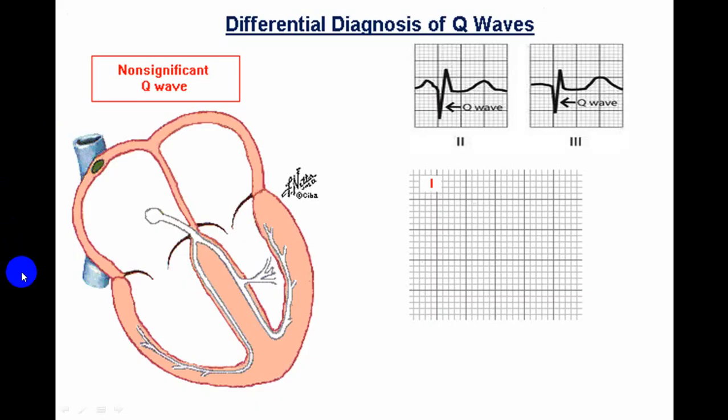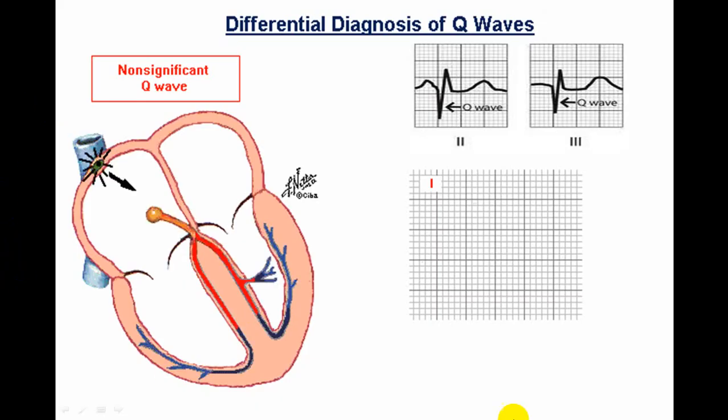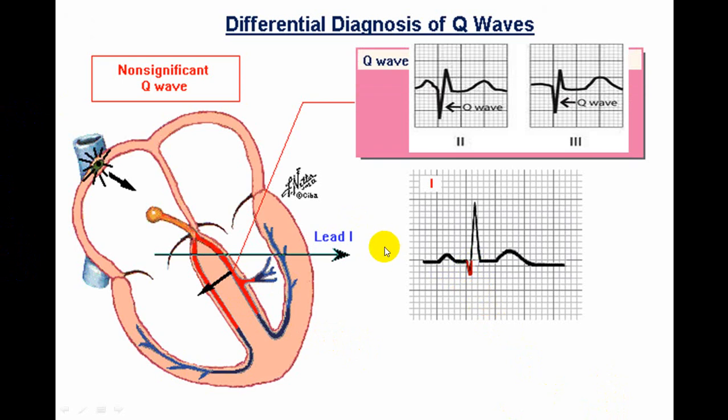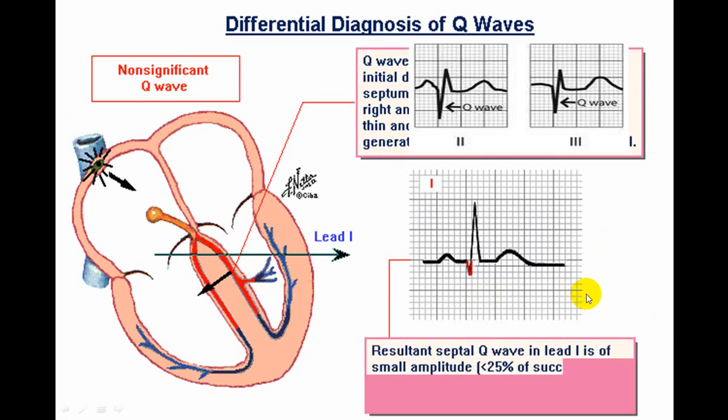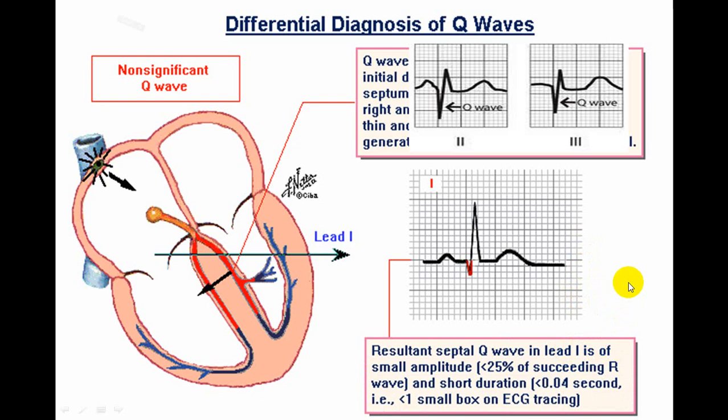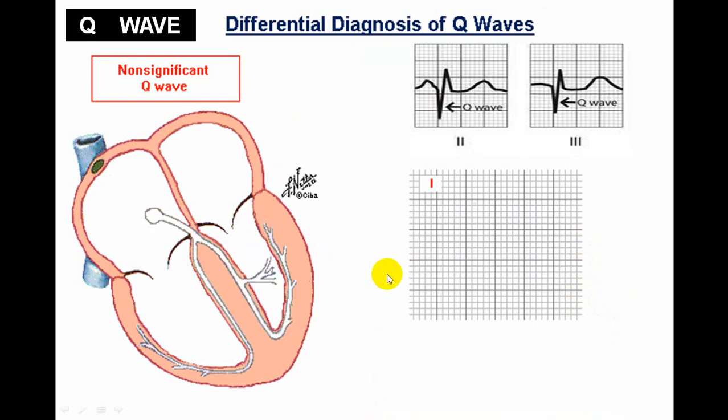Now you will see here how exactly the Q wave is being produced. You see this Q wave production. Again, this will be shown again. So the Q wave is because of the septal activation. In lead 1, it is of a small amplitude.